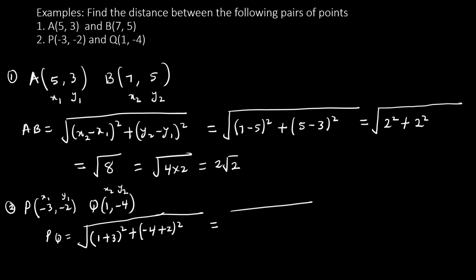So we have the square root of 4 squared plus -2 squared, which is 16 plus 4, which equals the square root of 20. Also from surds, this can be equal to 2 root 5. So this will be the distance PQ, 2 root 5.